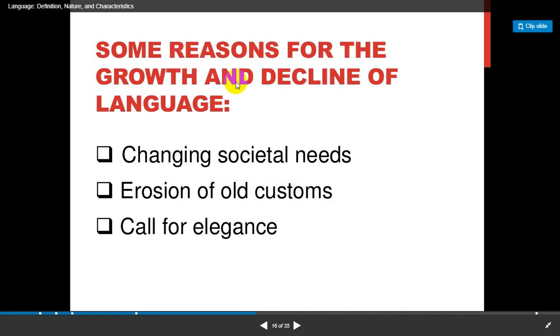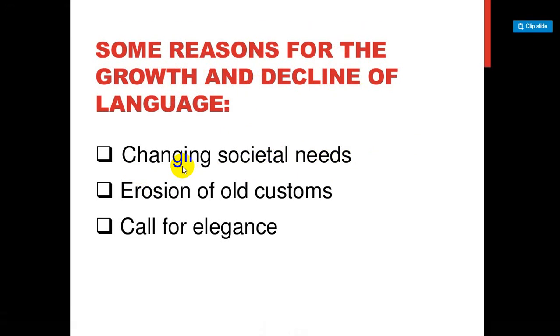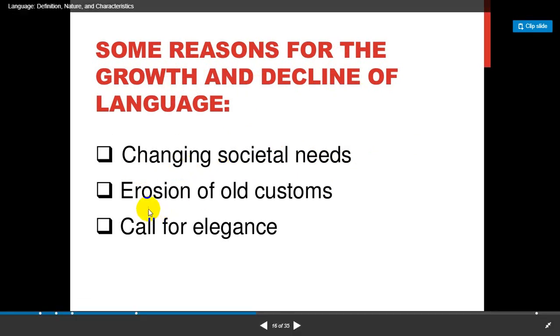Some reasons for the growth and decline of language. Changing societal need. Yes, because the societal need changes, and then the language used in that society also changes. Erosion of old custom.